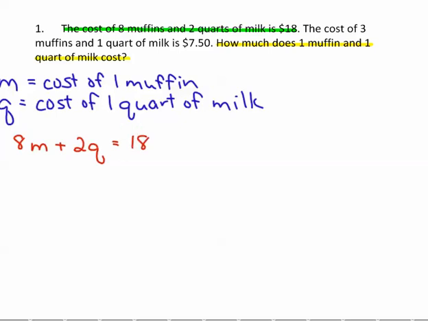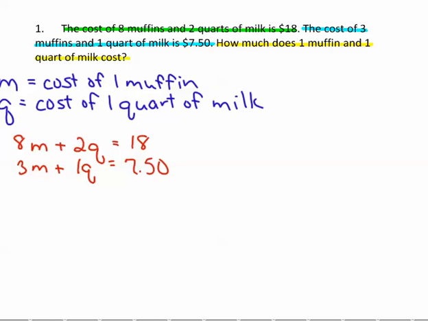So now we can look at our second relationship, and that's going to come out of the second sentence in this particular problem. And we're told that the cost of 3 muffins plus the cost of 1 quart of milk is equal to $7.50.